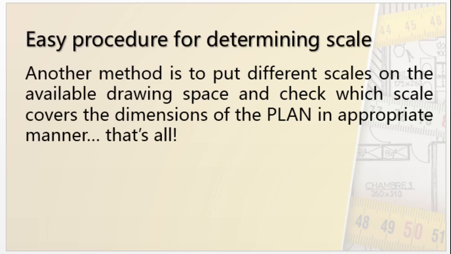So you will try to see in which scale the 46 feet dimension accommodates within the available drawing space. Once you get the appropriate scale, then start drawing using that scale. That is all.